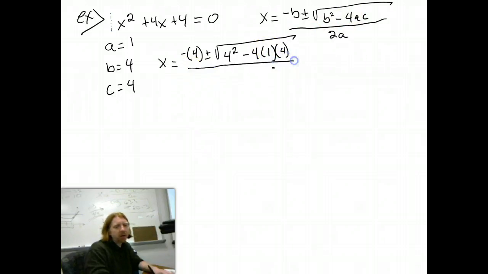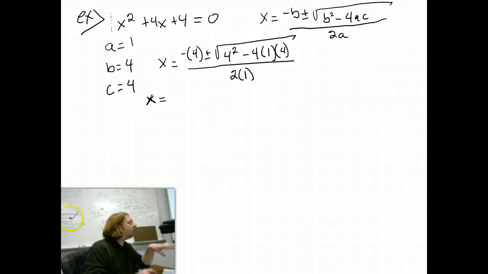All over 2a, which is 1. Now with this problem, I want to talk about one other thing, because there's another twist on this quadratic formula we're going to use. We'll get there, but I want to talk about an interim step that you guys need.